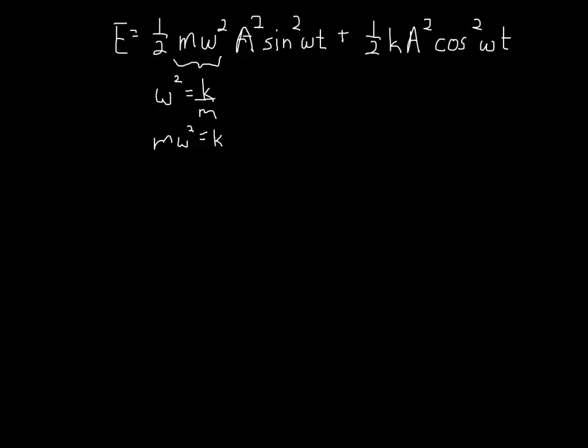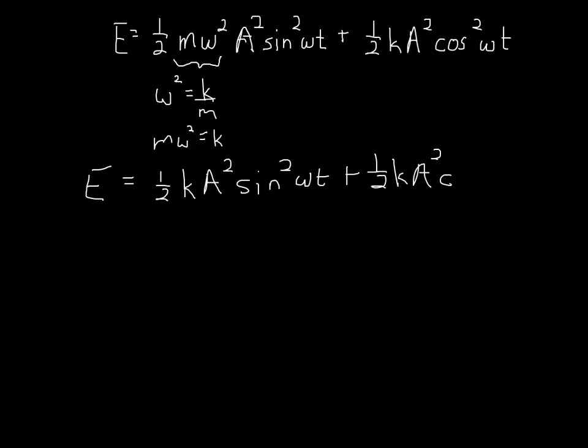So I can plug that in for my m omega squared and get that E is equal to 1/2 times k times a squared times sine squared of omega t plus 1/2 k times a squared times cosine squared of omega t.